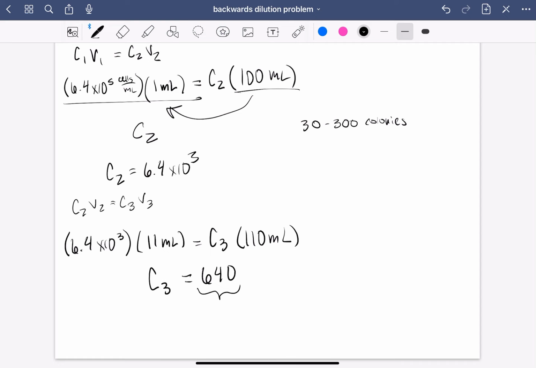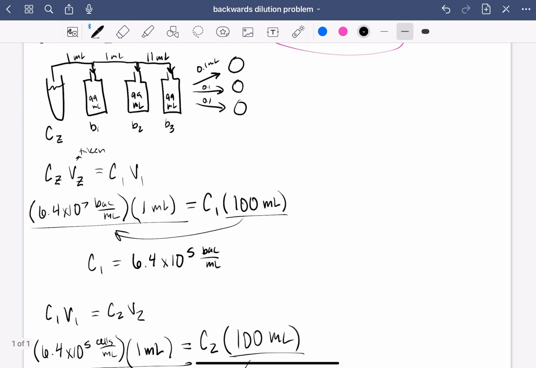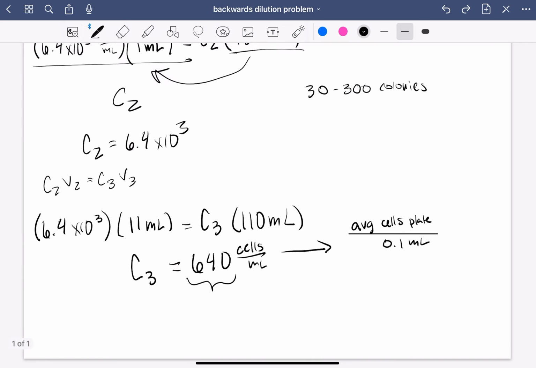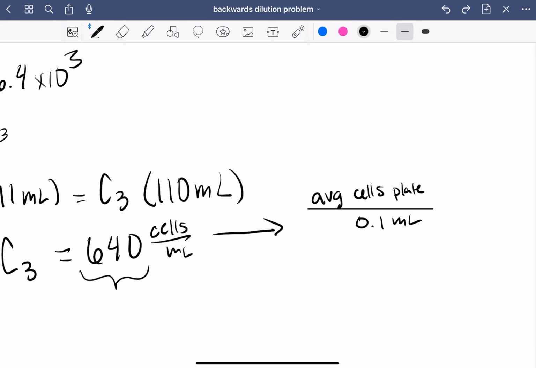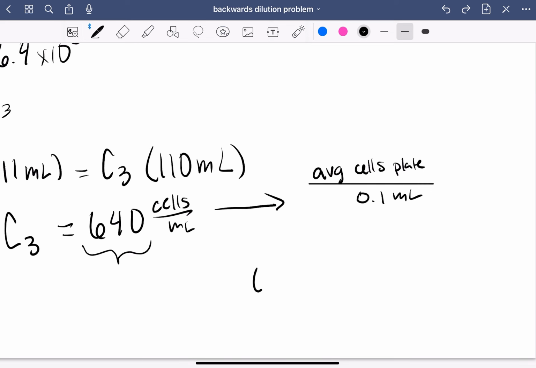This cells per mil number is going to be calculated by doing the average cells on the plate, the average plate count, over 0.1 mils, because that's what we're going to move. So let's see if this works moving 0.1 mils. To do this, we would be setting this equal to the average cells on the plate over 0.1 mils, and so we'd be multiplying that over times 0.1.